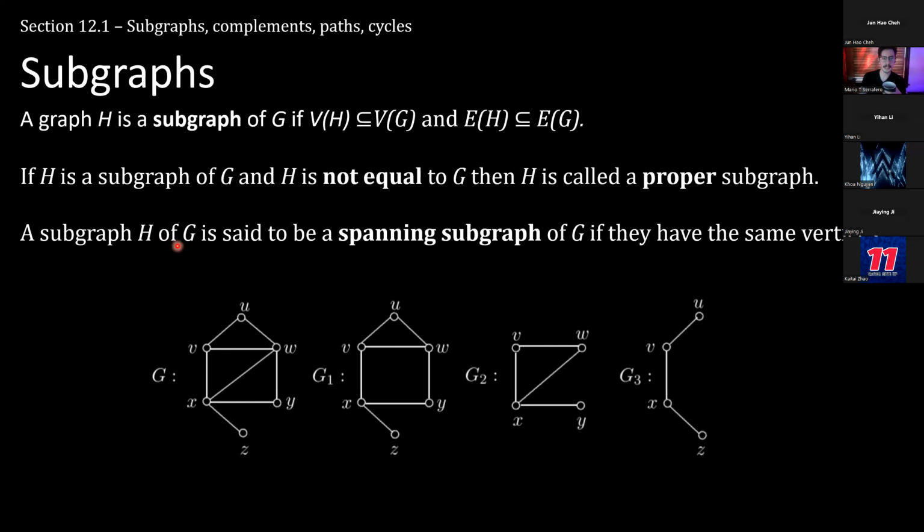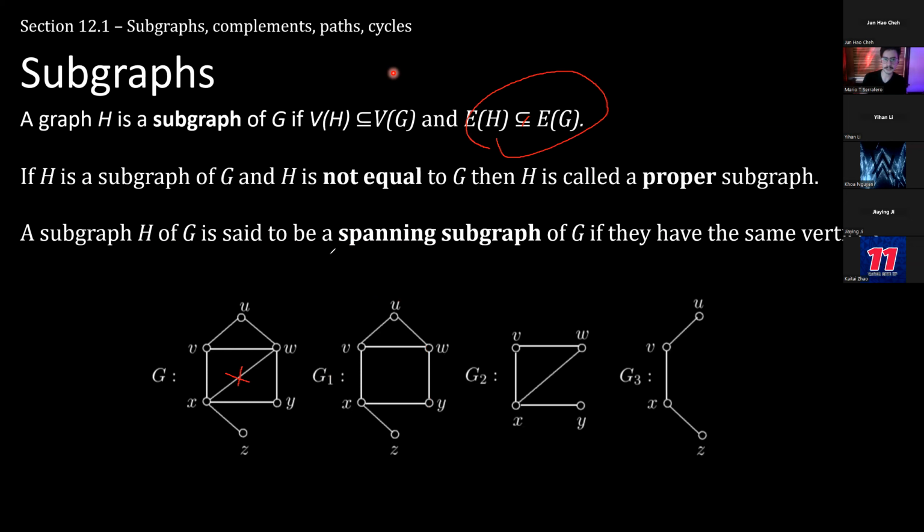So a subgraph H of G is said to be a spanning subgraph of G if they also have the same vertices. Okay, so here we have some examples. If I have my graph G and I remove this edge, I get a strictly smaller edge set like this, and I get this graph.